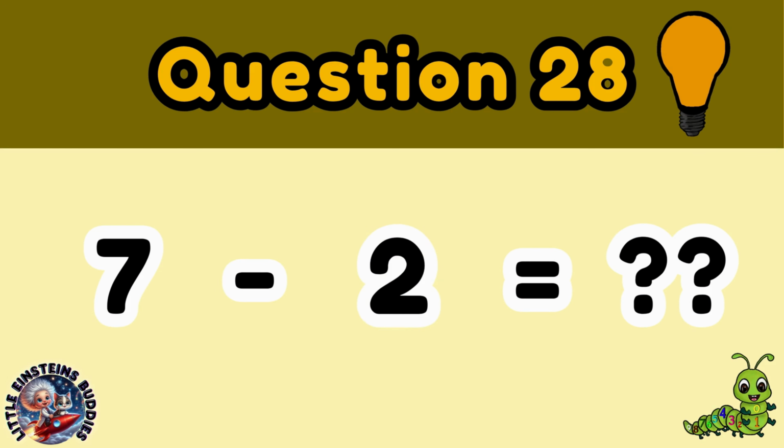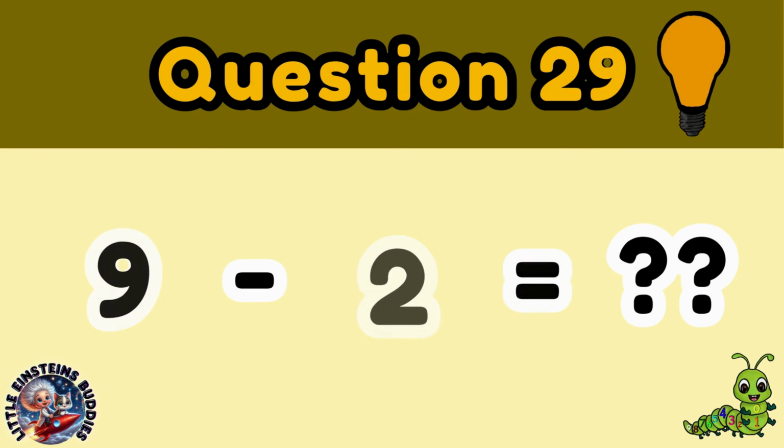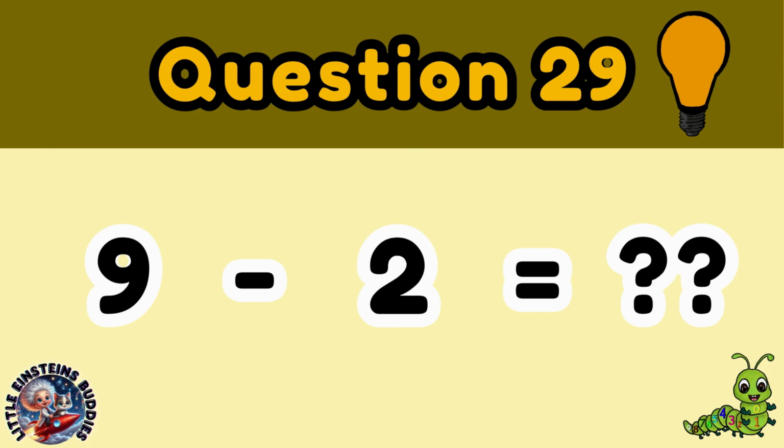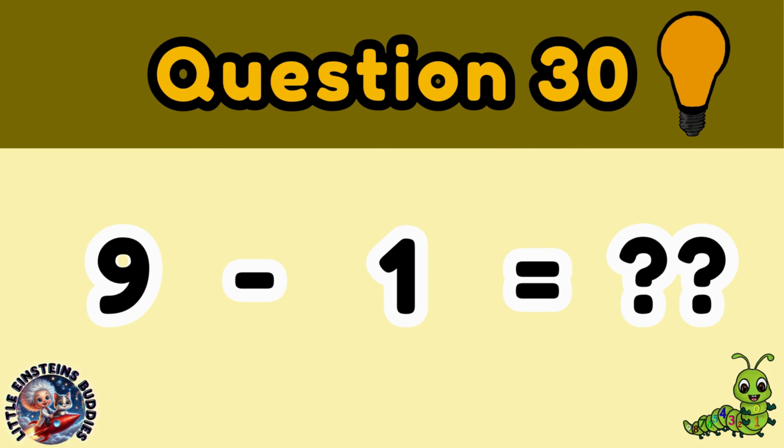Question 28. 7 minus 2 is equal to. Five. Question 29. 9 minus 2 is equal to. Seven. Question 30. 9 minus 1 is equal to.